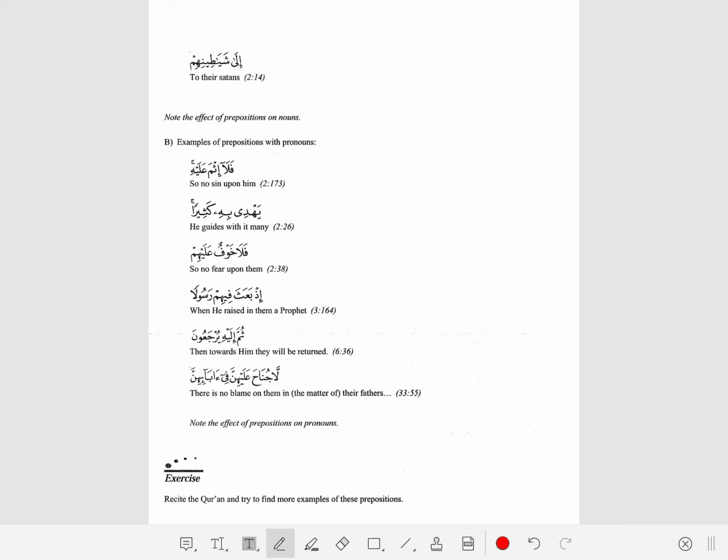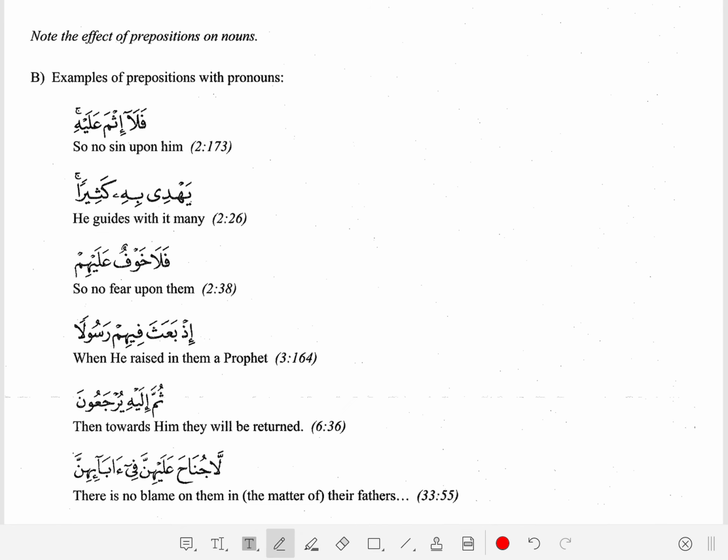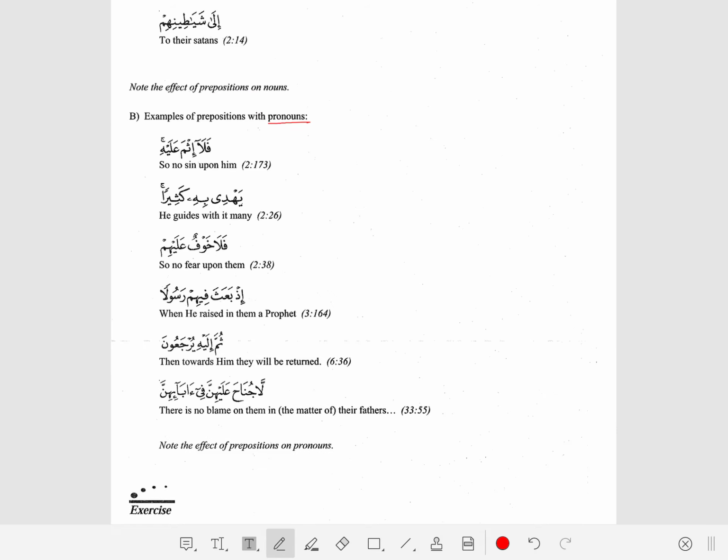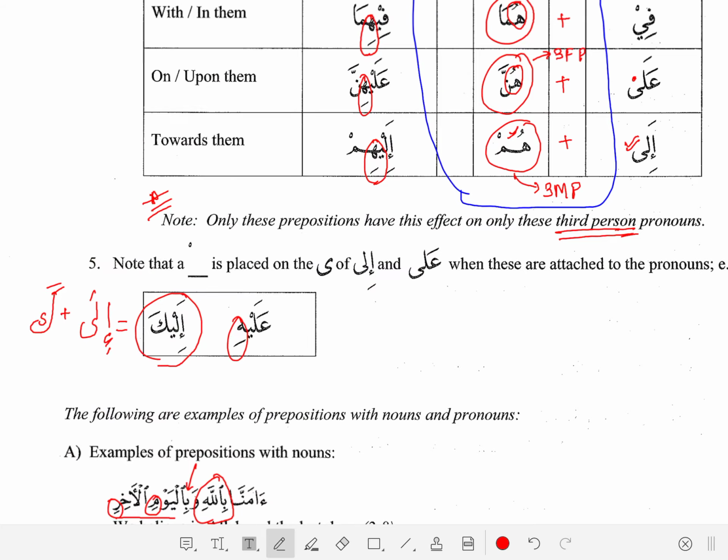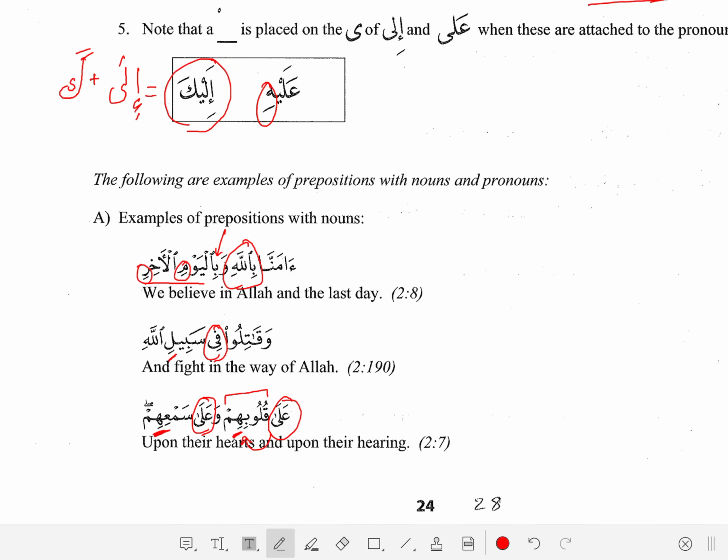And similarly, we have some examples with the harf jarr or the prepositions being used with pronouns, and we have many such examples. So that was with nouns, right? These examples were with nouns.